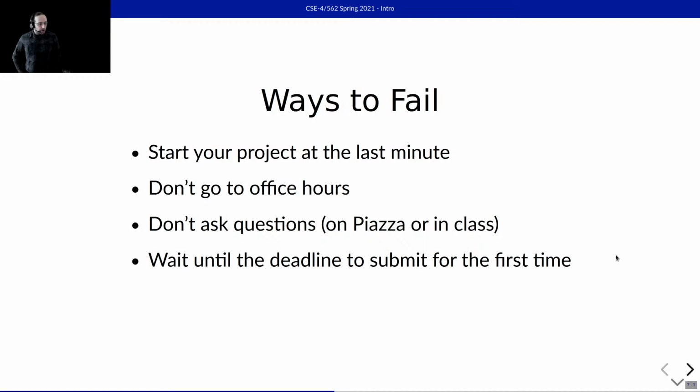Cool. So those are the ways to fail the class, and there's a fifth way that I really don't enjoy talking about, but I do need to. Cheating. I really hate it when people feel like they can get away with not doing the same amount of work that the rest of the class is doing.